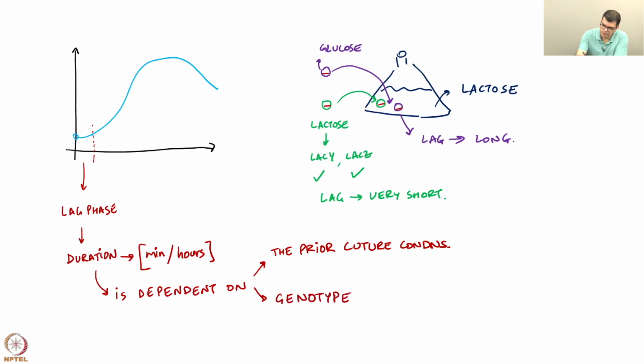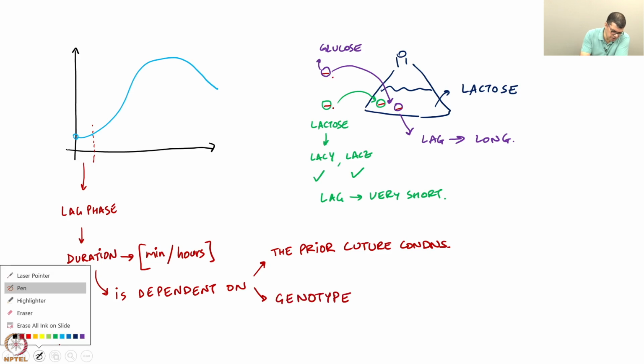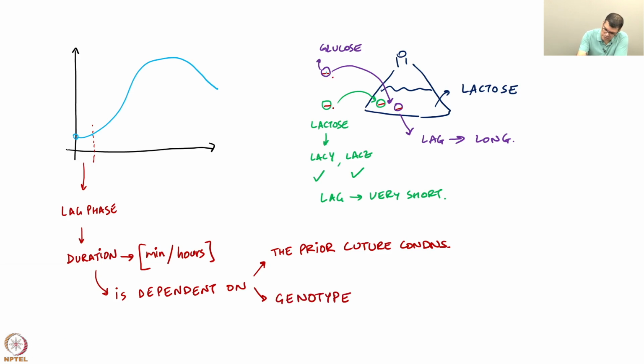For instance, if these two genotypes were different from each other and this purple individual carried a mutation such that LacZ is no longer working in it, that means this individual can never make LacZ, which means that hydrolysis of lactose into glucose and galactose cannot take place in this individual, as a result of which this individual can never exhibit growth in an environment where lactose is the only carbon source.